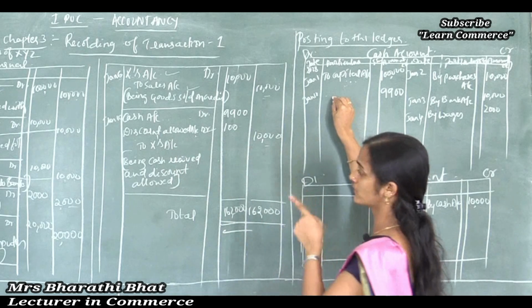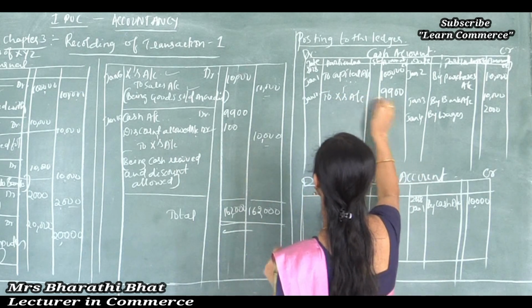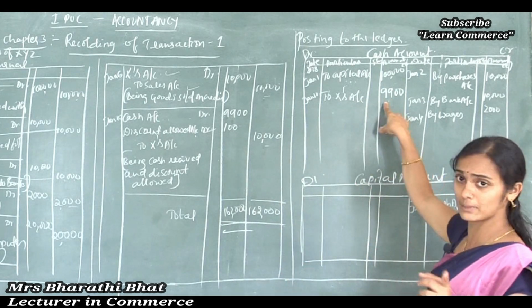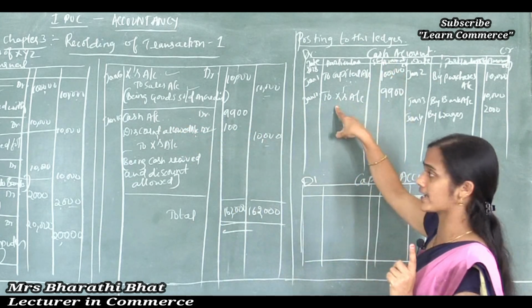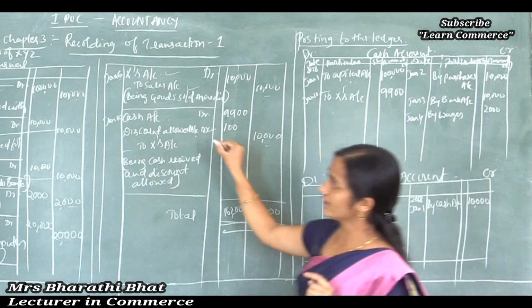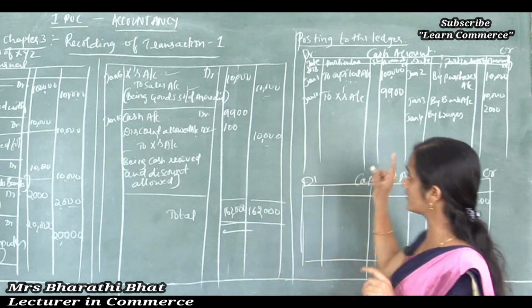Under cash, we should record this to X account. So 9,900. Clear, right? People getting my point, right? So cash to X account. Now we have considered all the transactions related to the cash account.